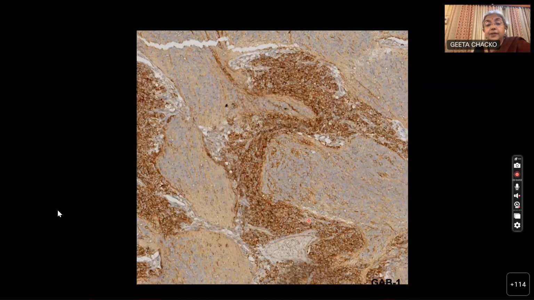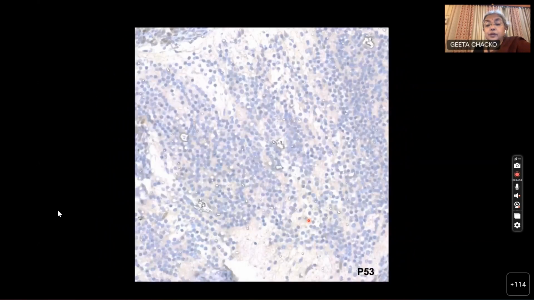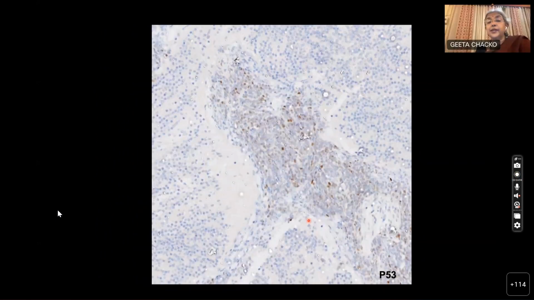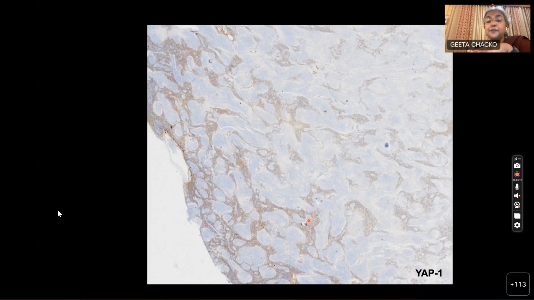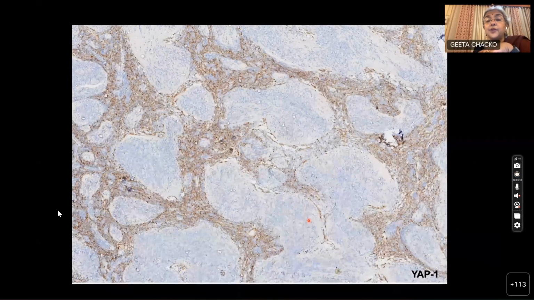Okay? So, in addition, we did P53. P53 was negative in most areas, a little bit of staining. P53 has to be diffuse and strong to be considered as P53 positive. Otherwise, it is considered as P53 wild type. YAP is a difficult stain, but when it works, it's really good.